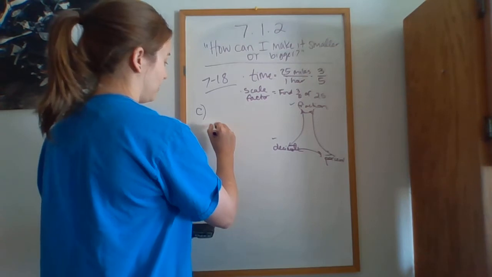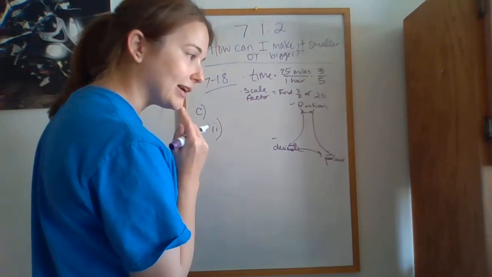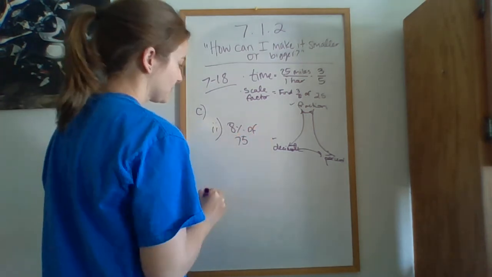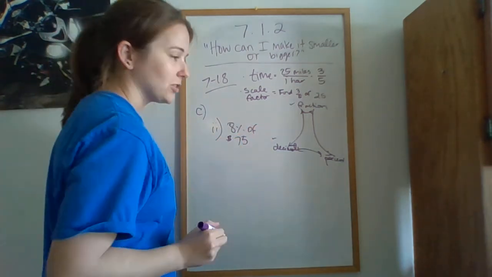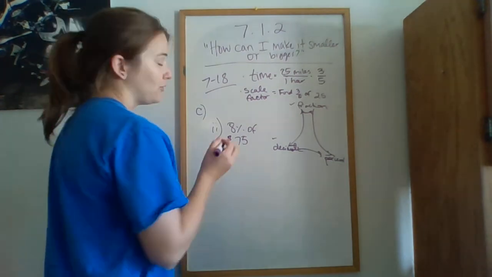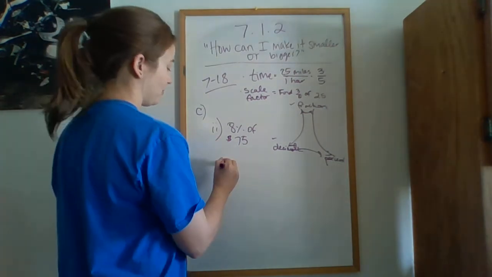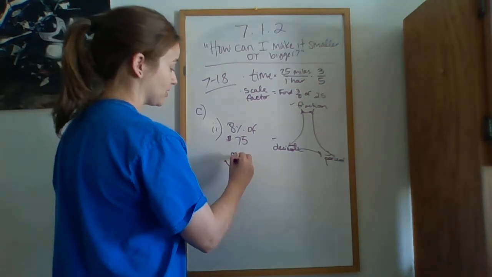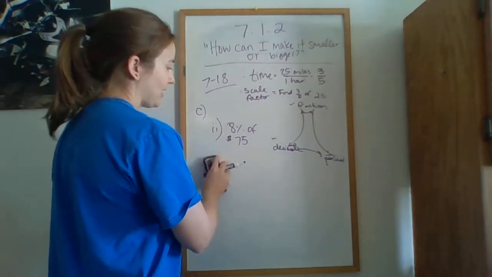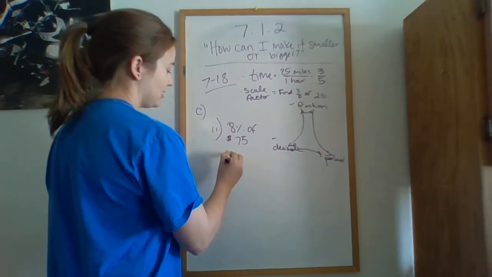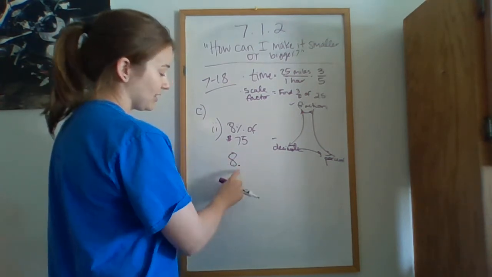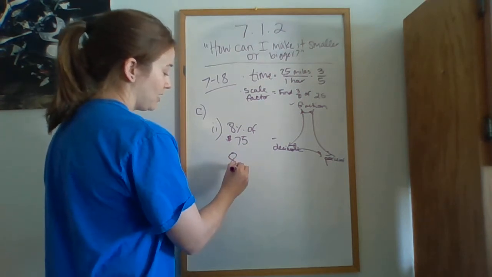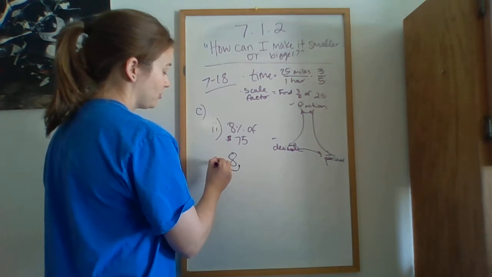Here's the second one. It says 8% of $75. Okay, so let's write it as a decimal. Be careful with 8% because a lot of people might put 0.8 as 8%, but that's actually 80% because you move the decimal over twice. So if I want to make a percent into a decimal, I'm going to take this decimal point, it's invisible right to the right of the 8, and move it to the left 2 times.